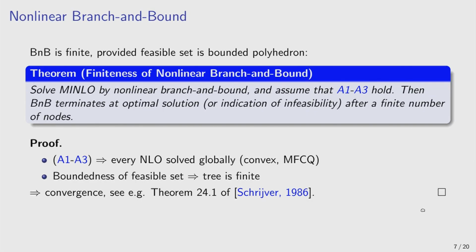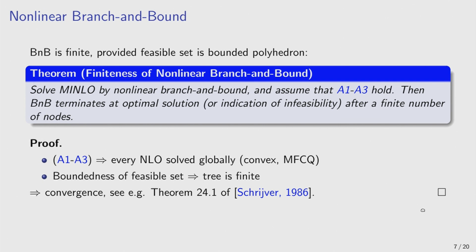Then the theorem says that if the standard assumptions hold, then the branch and bound terminates at an optimal solution or with an indication that the problem is infeasible after a finite number of nodes. And the proof is really not hard. It's the same as for mixed integer linear optimization.